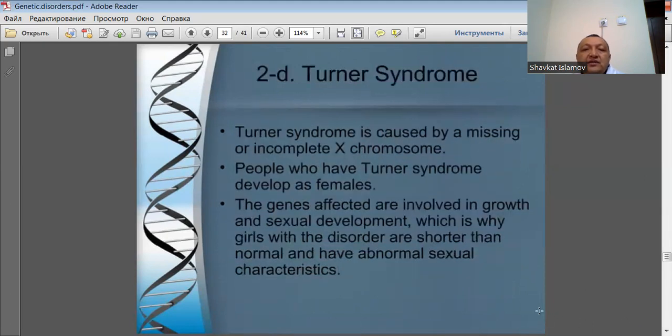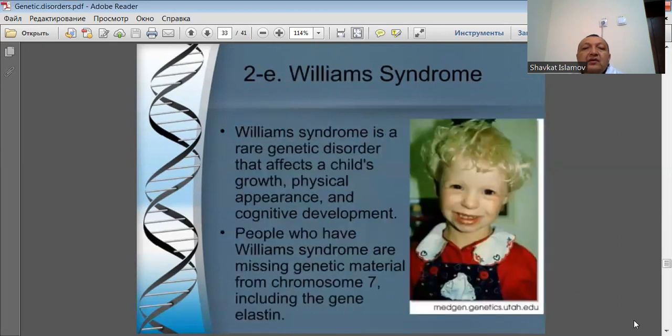2d. Turner syndrome. Turner syndrome is caused by a missing or incomplete X chromosome. People who have Turner syndrome develop as females. 2e. Williams syndrome. Williams syndrome is a rare genetic disorder that affects child growth, physical appearance, and cognitive development.